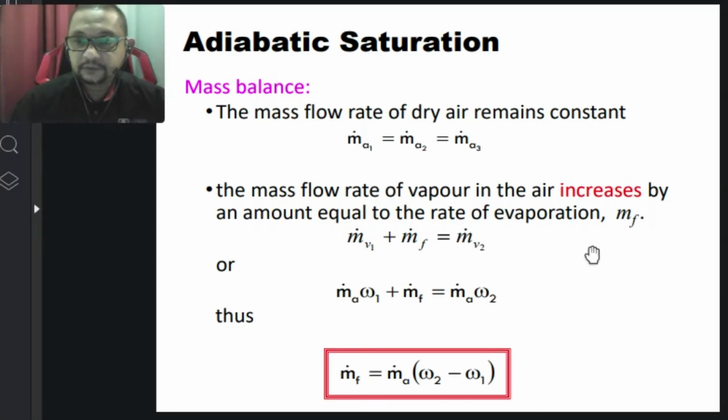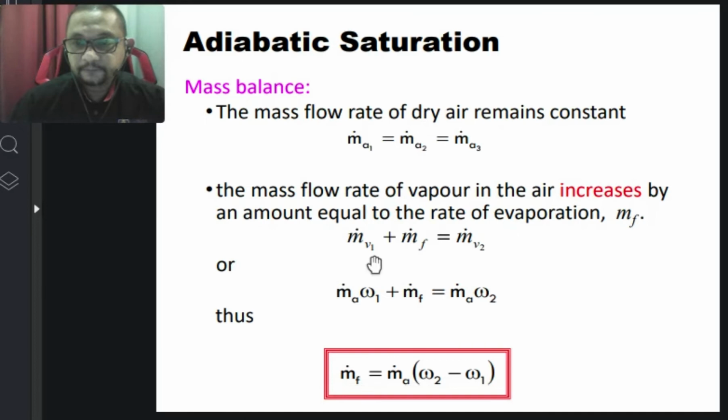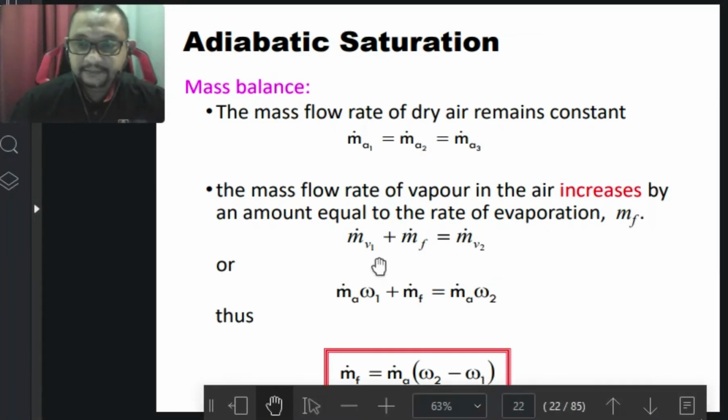So m dot water vapor at state 1 plus m dot f is equal to m dot water vapor at state 2, or we can simplify these equations to m dot a omega 1 plus m dot f equals m dot a omega 2.